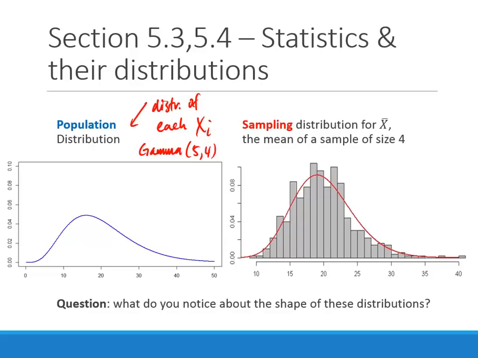So just qualitatively, what do you notice about the shape of these distributions? I think they should be on the same scale now. How does the blue line on the left compare to the red line on the right? Yeah.